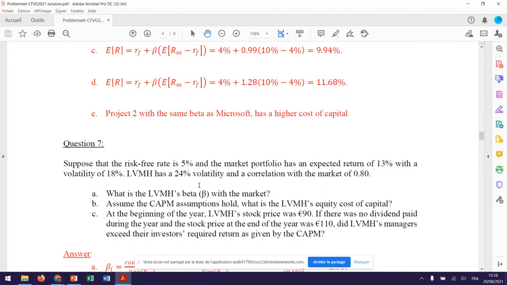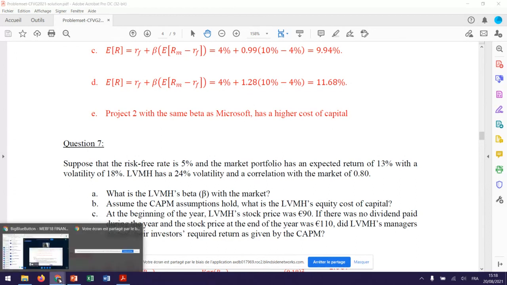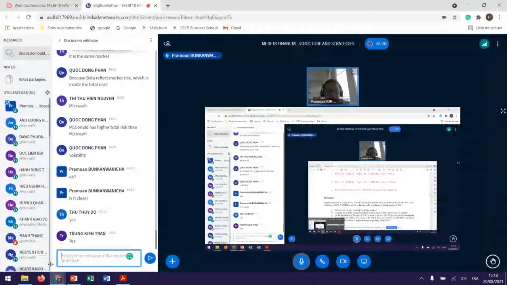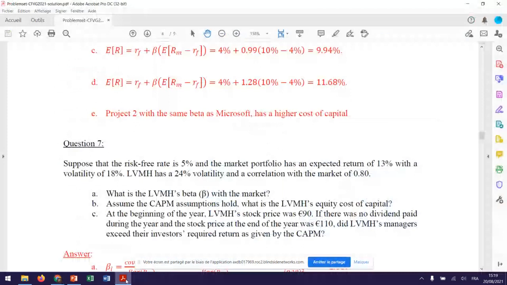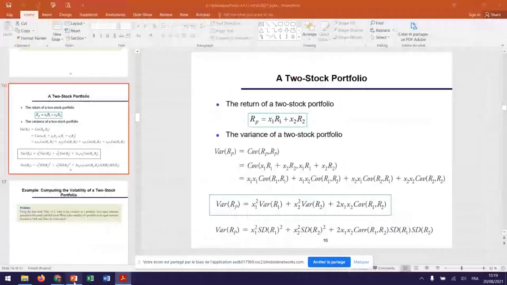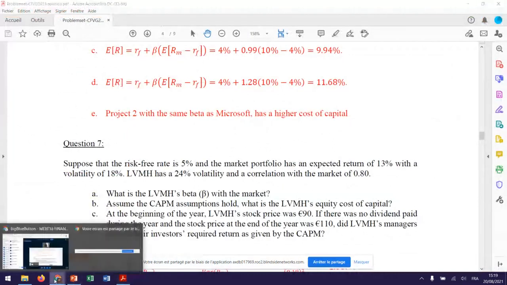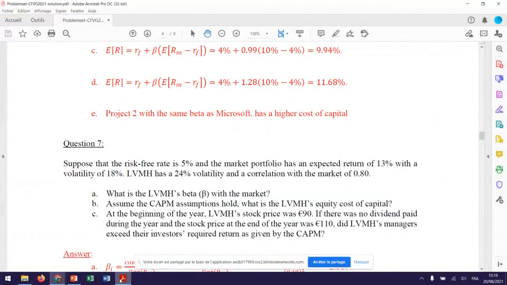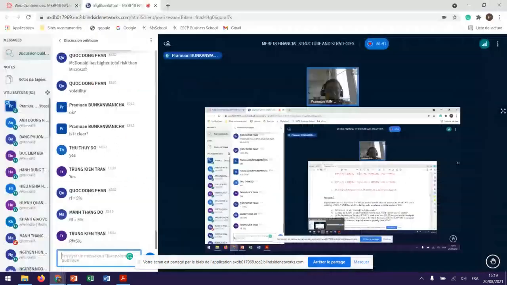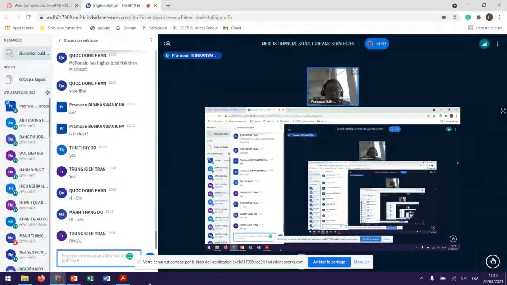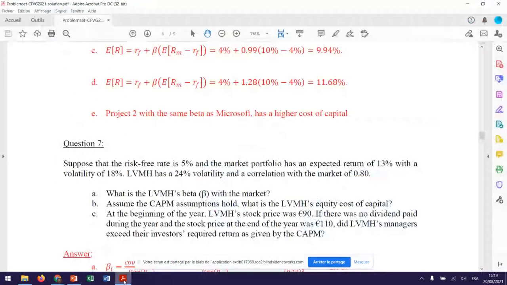So, can you help me to write? I read now and you write. Anyone can write, okay? Risk-free rate is 5%. Suppose that you are in the exam. Thank you, Tung Kien Tan. Another, the market portfolio has an expected return of 13%.